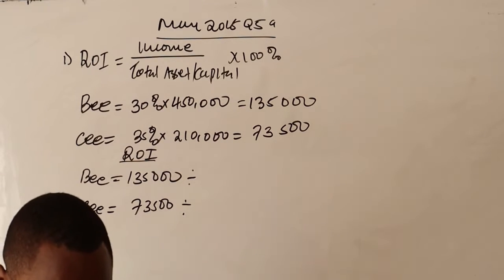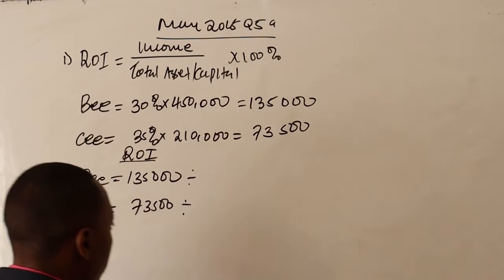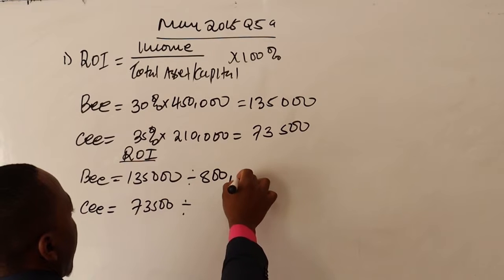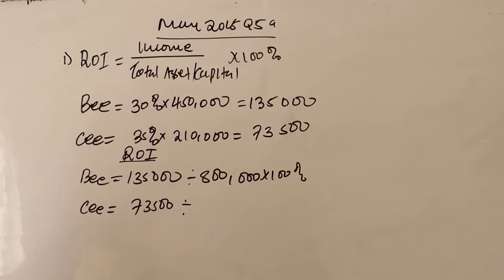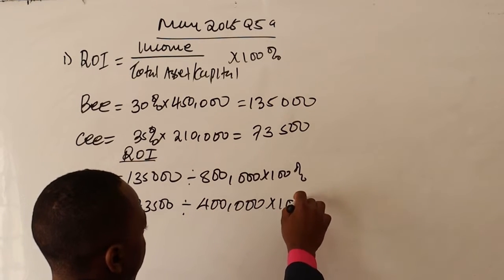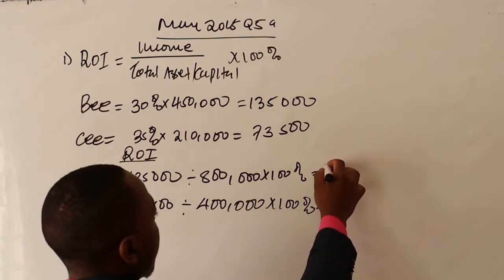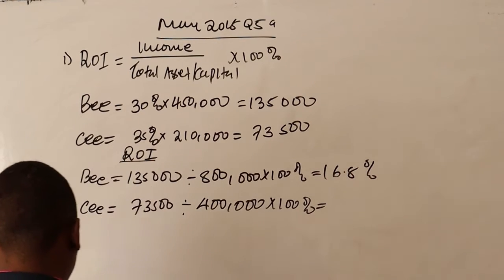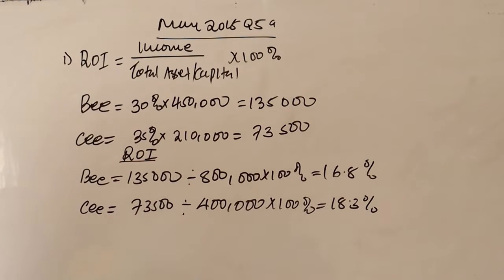The capital required for project B was 800,000, so divide by 800,000 times 100%. For C, the capital requirement is 400,000, then you multiply by 100%. And how much do you get? For B you get 16.8%, and the other one is 18.3%. So that's what we have.